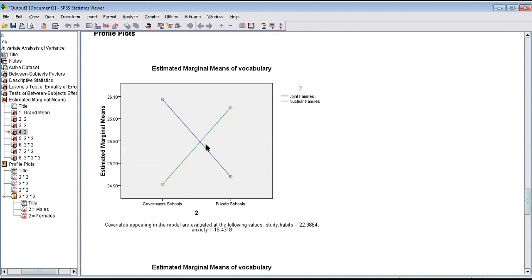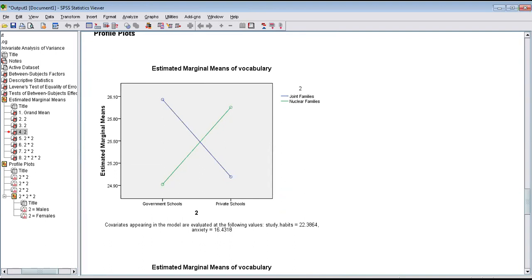Now just see, it shows that it is the interaction, but no, it's not there. If the F value for the interaction is not significant, then you should not interpret the graph.